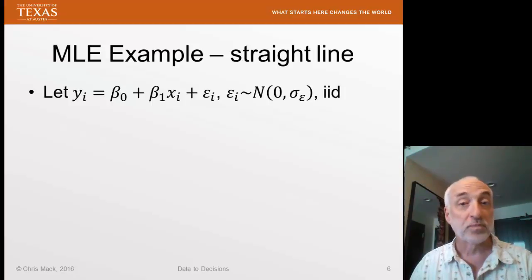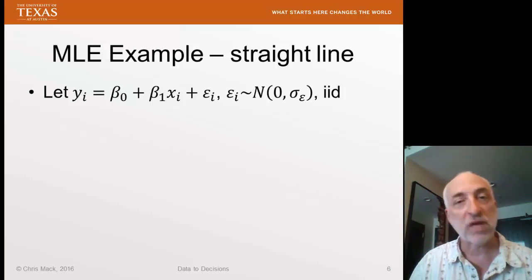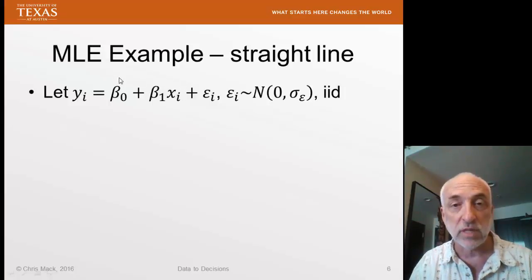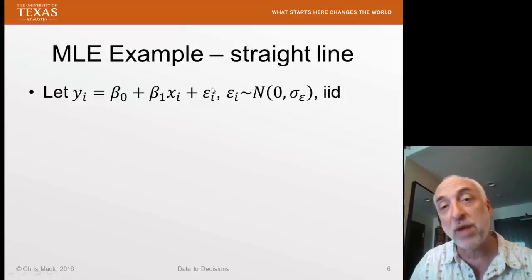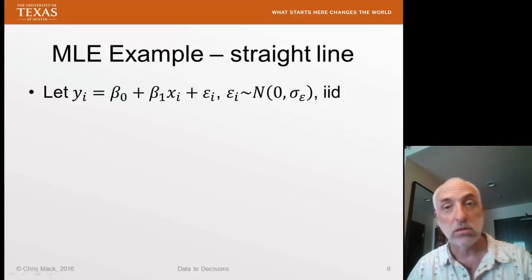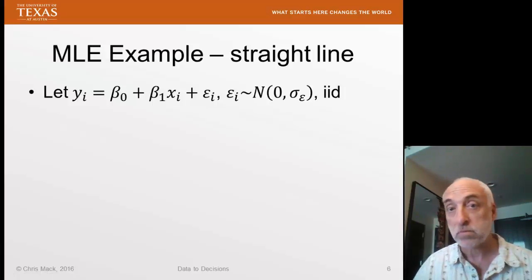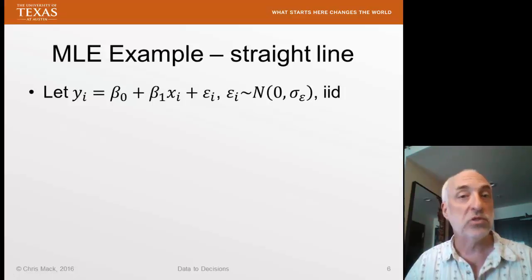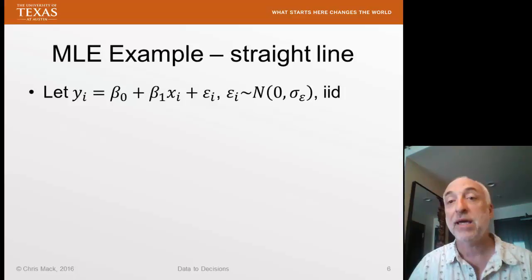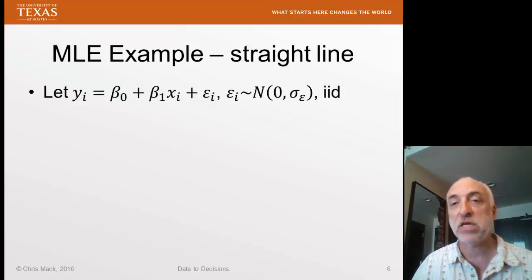Now, notice when I specify the model, I'm specifying two things. I'm specifying the functional form of my model, how the output varies with input variables x_i, for example. But also, I'm specifying the probability distribution function of the residuals, the random piece of my stochastic model. This random piece we will assume here to be a normal distribution with zero mean and a fixed standard deviation, sigma sub epsilon.